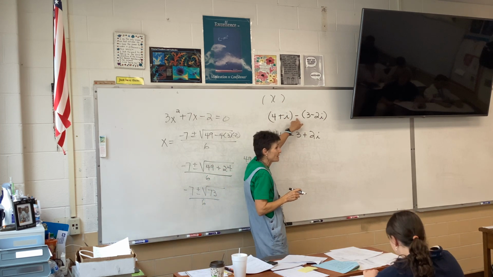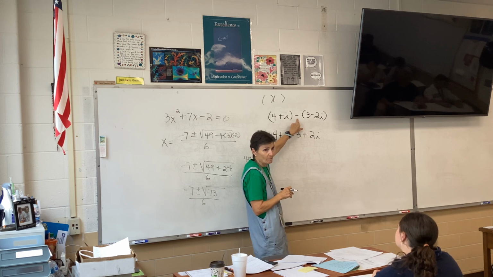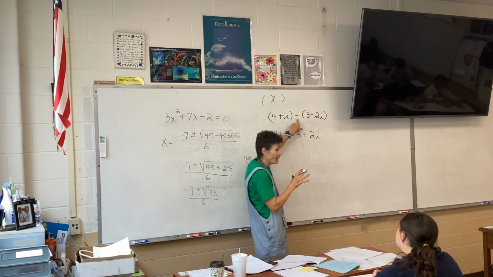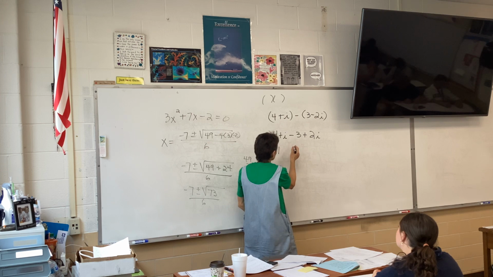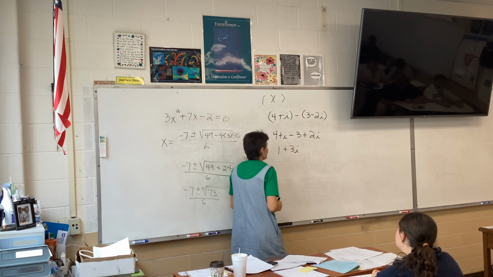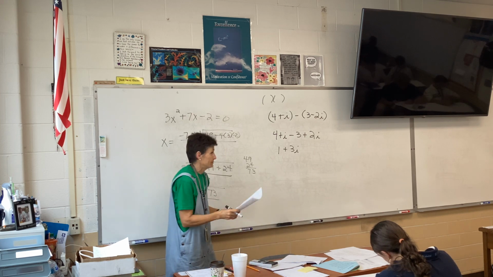If there's something in between the parentheses, it's a combine like terms problem. Got it? Do not FOIL. Combine like terms. So what have I got? I've got 1 plus 3i. And that is it.